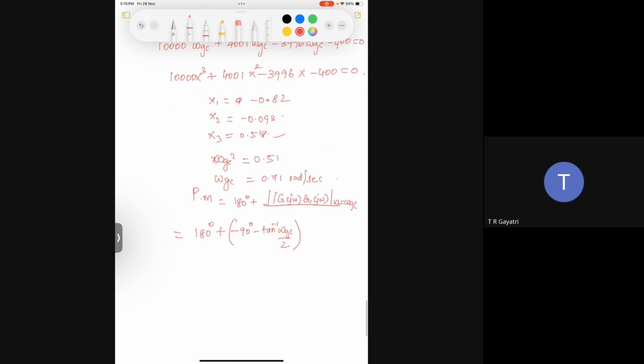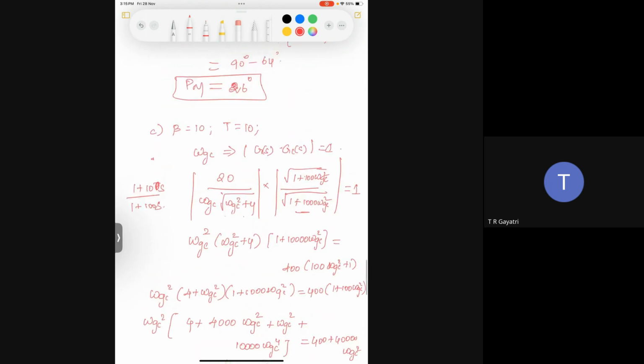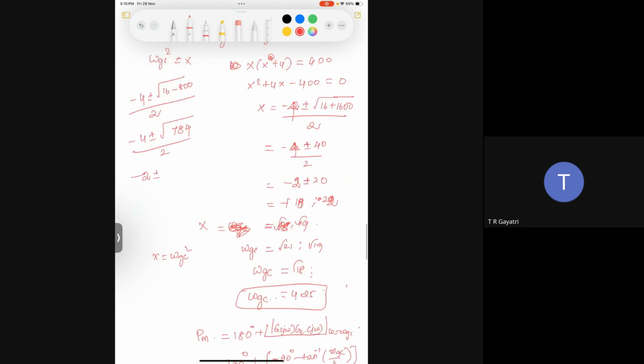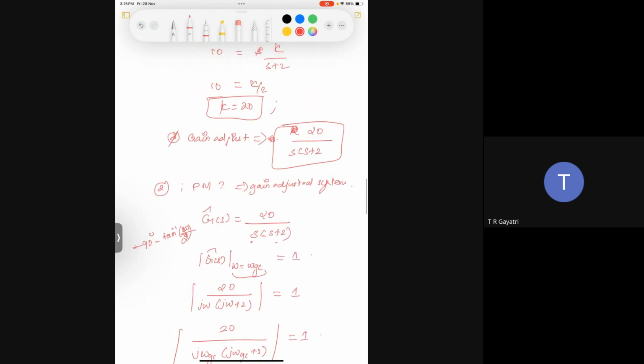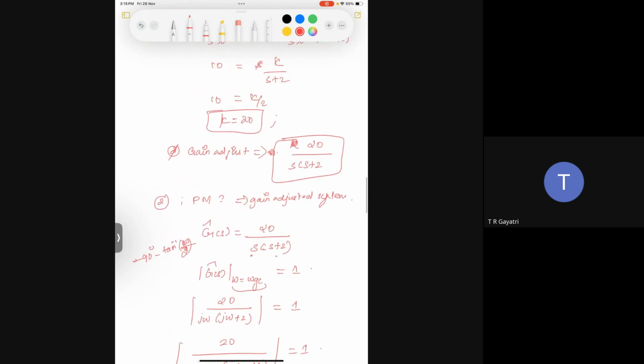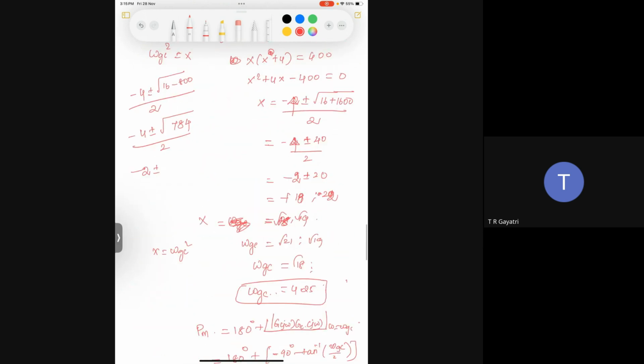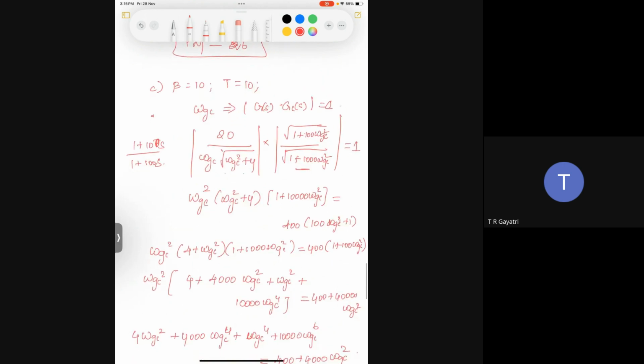This is the original gain adjusted system. For the compensator, this is our compensator, right?